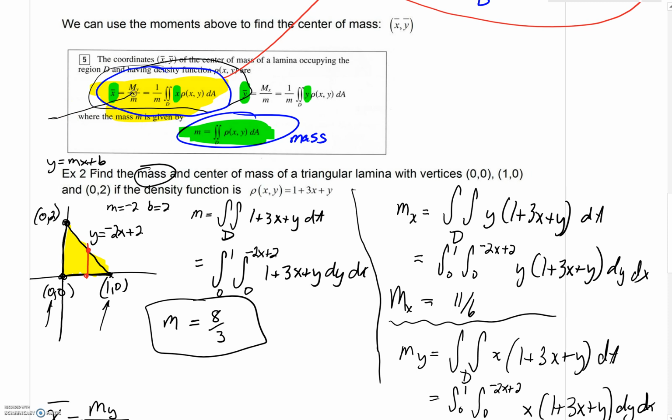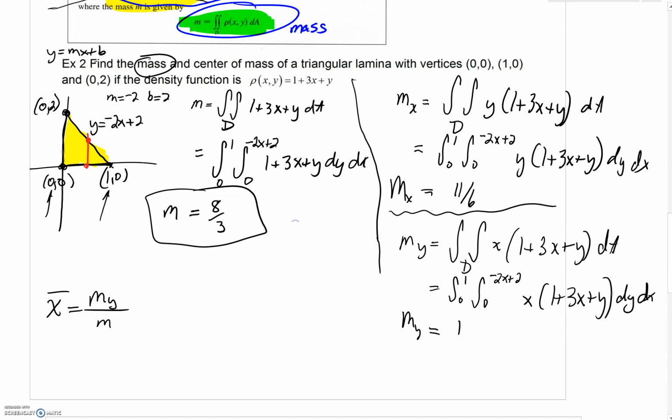You've got your y right here, but I always remember it in this regard. The x bar is going to really have that x times the density function inside. So we already found what the mass was. That was going to be a 1 all over this 8/3. That's the reciprocal. That should just be 3/8.